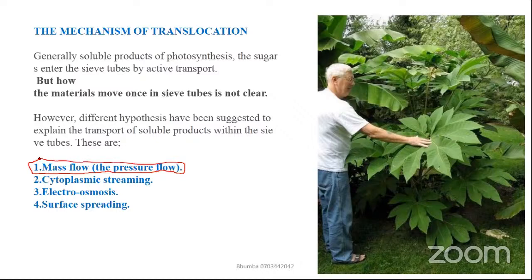The mass flow hypothesis, or some people call it the pressure flow, or some books will call it Munch's hypothesis. So if you have seen something like that, it is what we are going to discuss today: Munch's hypothesis or the mass flow hypothesis.